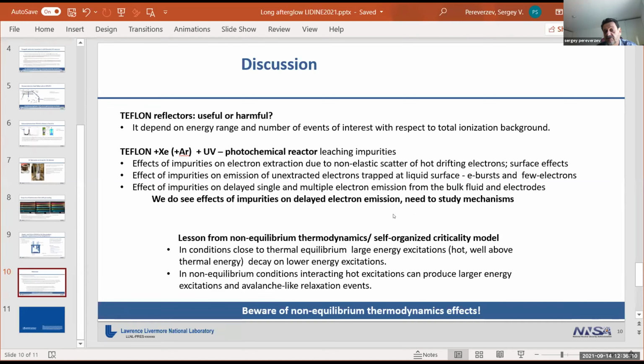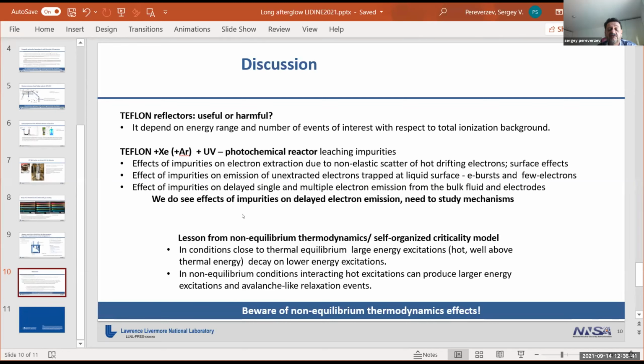We are trying to understand it, but in general, Teflon likely is not a good thing to have in the detector if you're looking for few-electron events. And again, the main lesson I would like you to remember from this presentation is that in non-equilibrium thermodynamics, things go on counterintuitively.